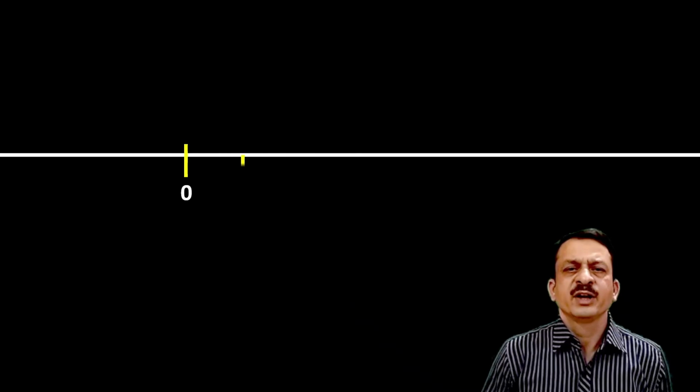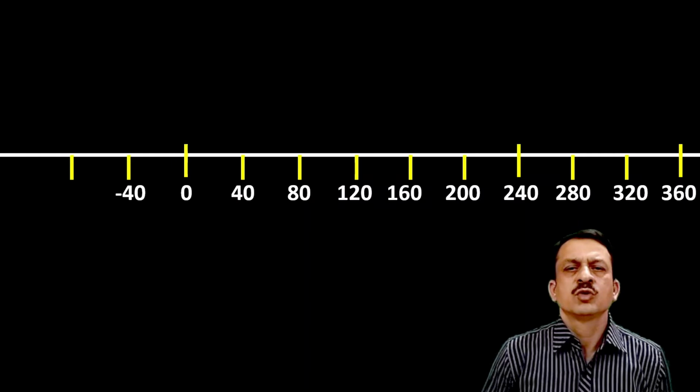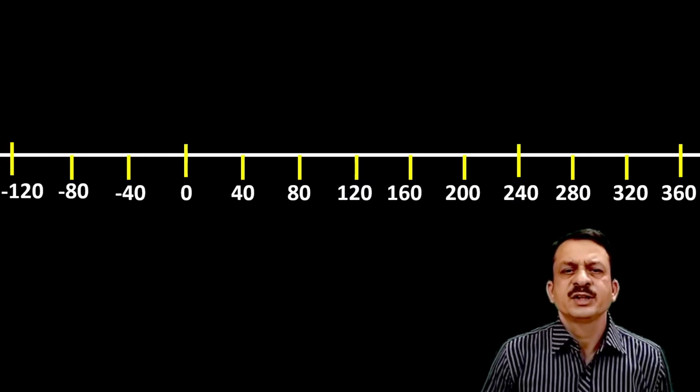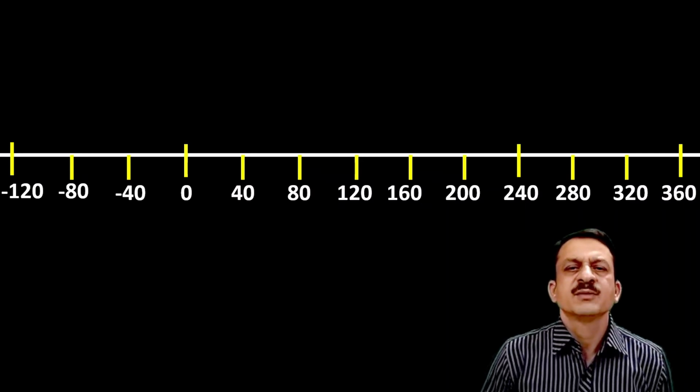Now for that one we have already known a car diagram. We have a straight line along which the car is moving. We are locating the distances 0, 40, 80, 120, 160, 200, 240, 280, 320, 360 like this. And the negative x-axis we are representing as minus 40, minus 80, minus 120.